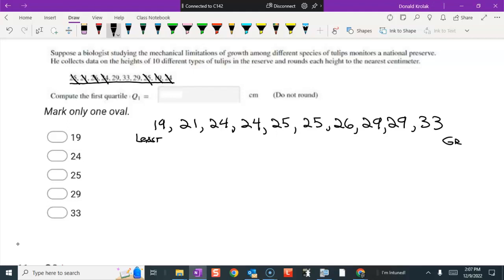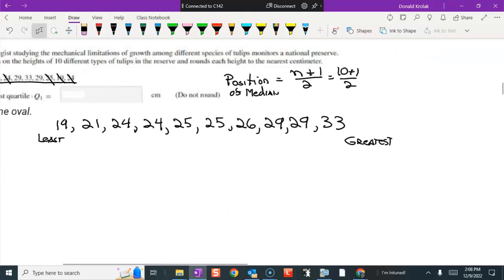And now if we're asked to find the median, that's the middle term. So we have 1, 2, 3, 4, 5, 6, 7, 8, 9, 10. To get the position of the median, you take n, the number that you got, you add 1, and you divide by 2. So I've got 10 numbers, so that's 11 over 2, which is 5.5.